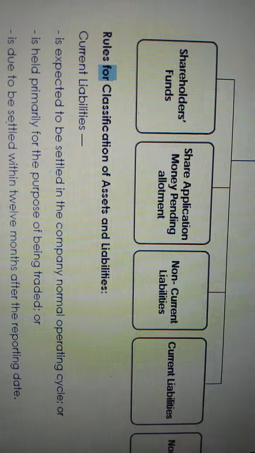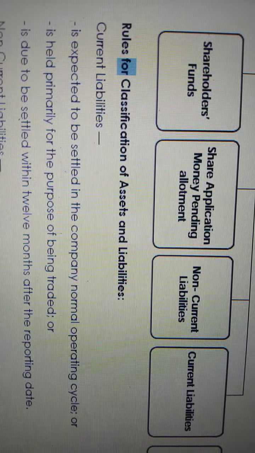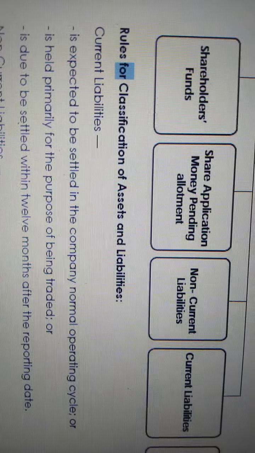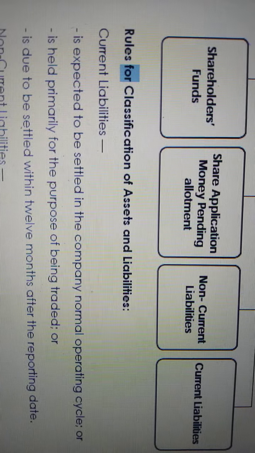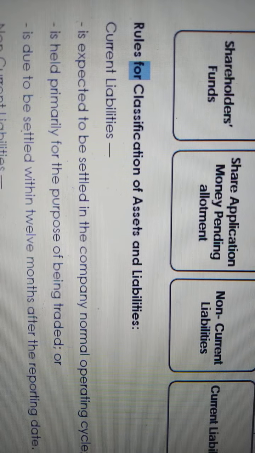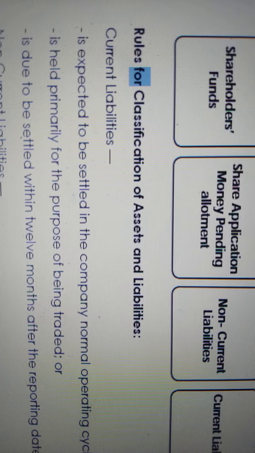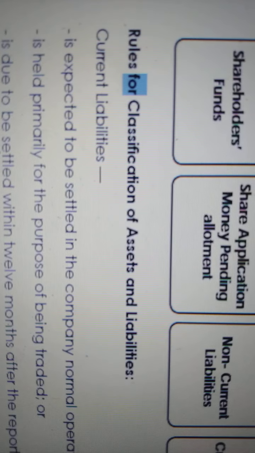We can't put a standard time for all businesses, because the nature of production will differ. For producing alcohol, for the alcohol industry producing wine, it will take many years.